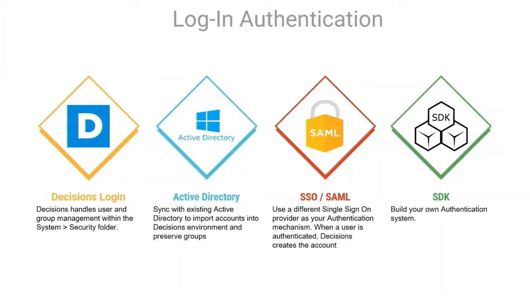Now, in this session, I'll also be talking about how we can use these different modules like SAML, OpenID, etc. for SSO, or single sign-on, features in Decisions. Now, what is SSO, or single sign-on? All of us have used SSO, whether we know it or not.